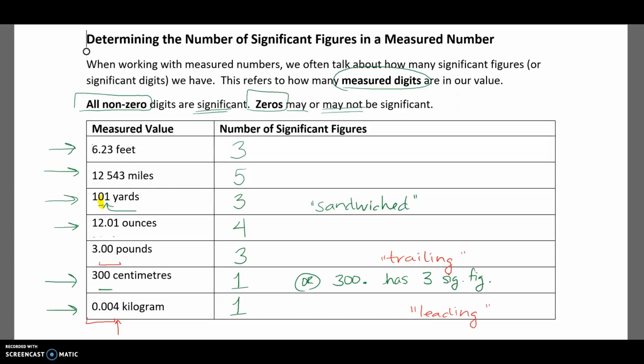Overall, what we've seen is that significant figures are simply the measured digits in our value. All non-zero digits must have been measured, so they are always significant. The only decision we have to make comes with the zeros. If a 0 is sandwiched between 2 non-zero digits, then it must have been measured and is significant.